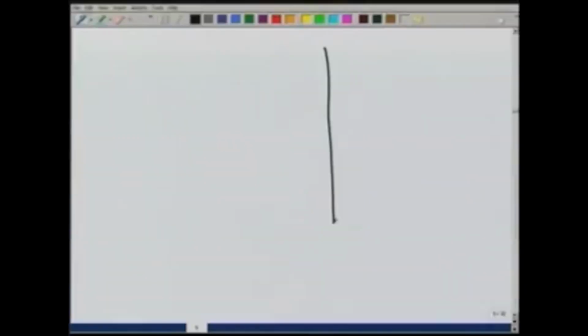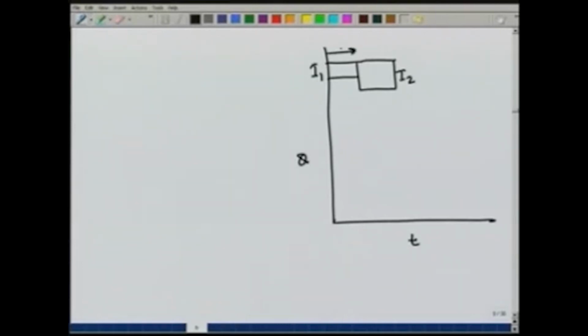For example, let us say that the ERH looks like this, where this is intensity I1, this is intensity I2, the duration is still, we assume, the same, and a multiple of D, of course, because all the storms we consider here are occurring over a period of D, so that we can use the D hour unit hydrograph.